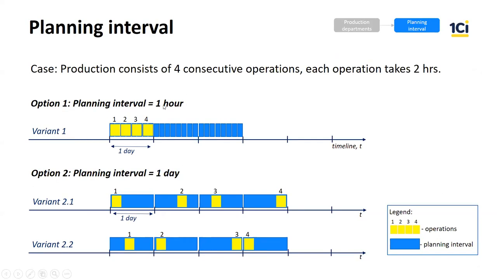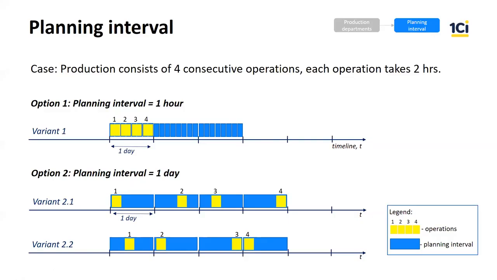If our planning interval is one hour, each operation will take two planning intervals, and the four operations can be placed back to back and maybe fit in one day. But if something goes wrong, we will not be able to meet the deadlines. So we are very precise and very effective, but there's a risk of not hitting the deadline.